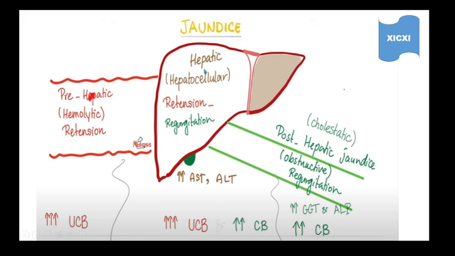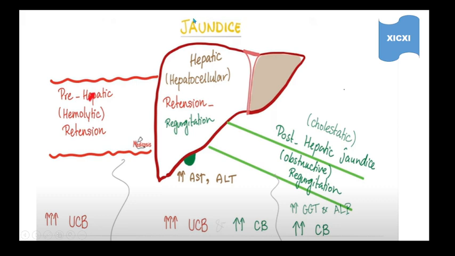So in hepatocellular jaundice there is a problem in the liver with the conjugation of bilirubin, and we have increased unconjugated bilirubin in our blood. There is another case where bilirubin is increased in our blood.